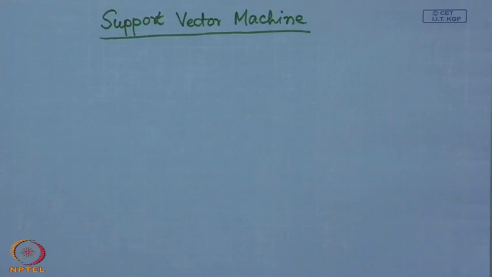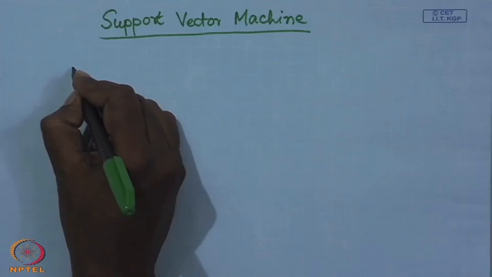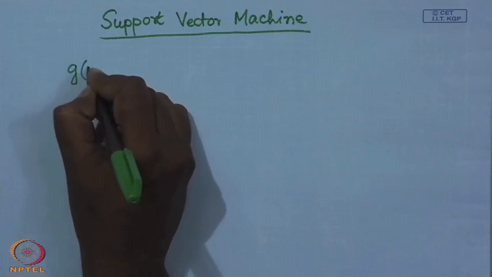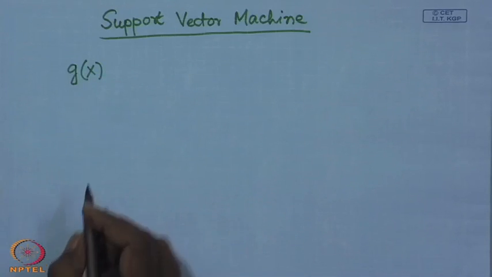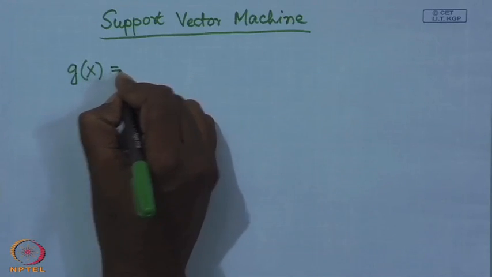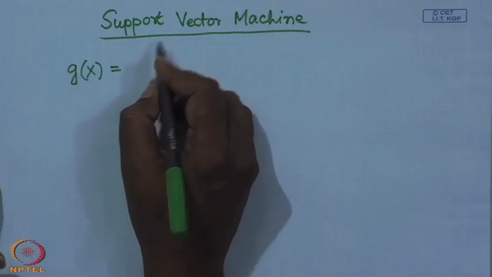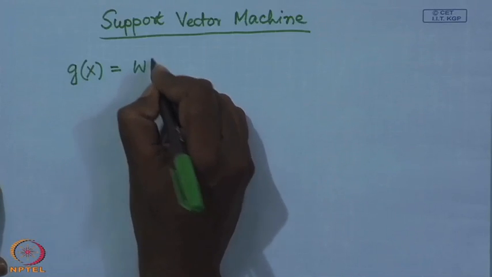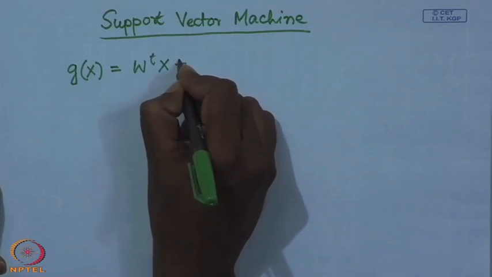So, if you remember what we discussed in case of a linear classifier, given a 2 class problem, we have said that I can define a discriminating function, say g of x, which is of the form w transpose x plus b.